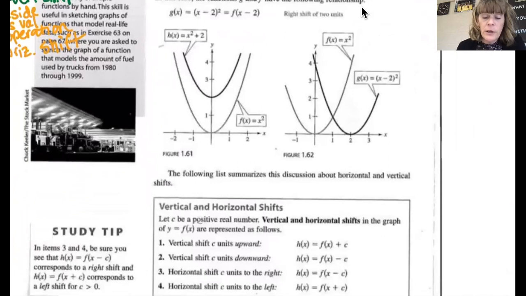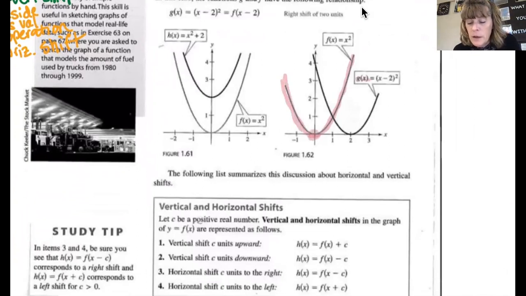Okay, so if you look again, here we have another example. This time it's the quadratic, y equals x squared, is our base. So let's just go ahead and follow that. So here's our base equation, that parabola, where the vertex is at 0, 0.